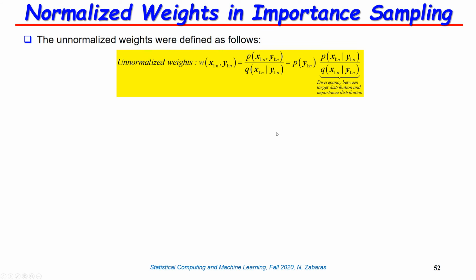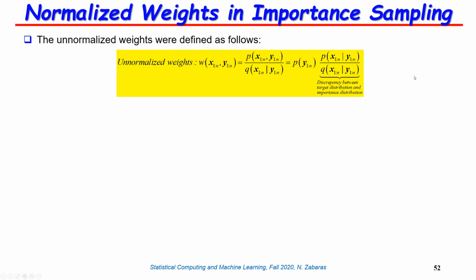And if you write this using the product rule, I can write this joint distribution as p of y times p of x given y, and this ratio is where the x's come in.